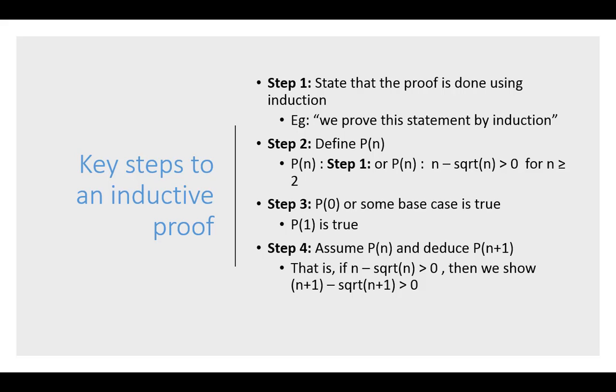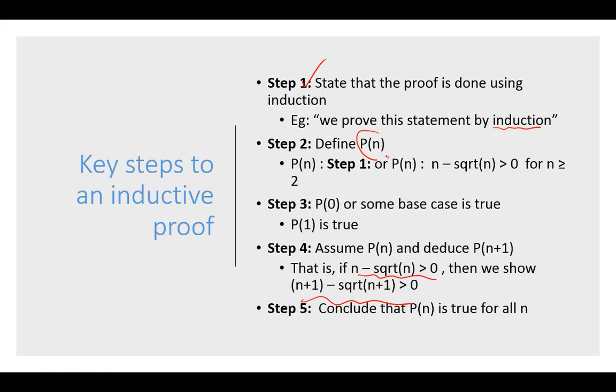Step 4: suppose P(n) is true and we want to deduce P(n+1) is true. In other words, if 2^n is greater than the square root of n, then we want to show that 2^(n+1) is greater than the square root of n+1. Now we're not proving it here, but we are specifying the steps that are needed for an inductive proof. Finally, step 5 is to conclude that P(n) is true for all n. So let's go through this one more time. Step 1 is to state that you're going to prove something by induction.